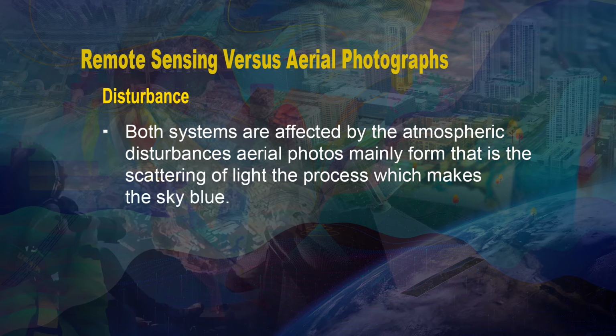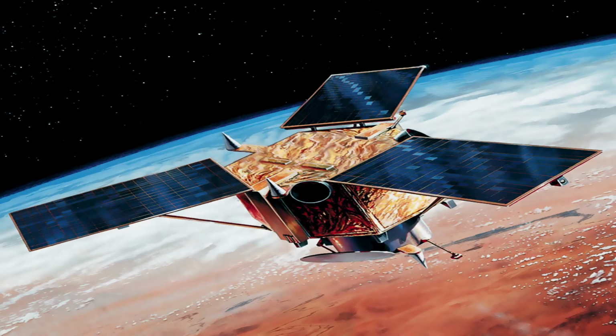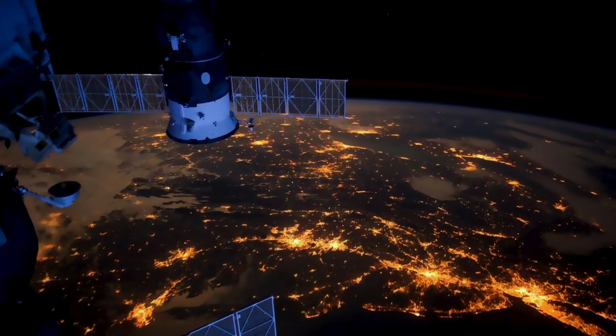Aerial photos are mainly affected by scattering of light, the process which makes the sky blue. Remote sensing images are also affected by the process of absorption. Atmospheric correction to aerial photographs can be done by remote sensing. Thermal remote sensing sensors can operate also at night times, and radar data is almost weather independent.